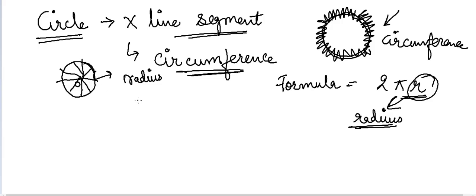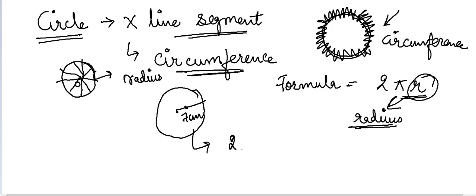Let us take an example, like if this is a circle of radius 7 centimeter, so the circumference will be twice into pi into r.